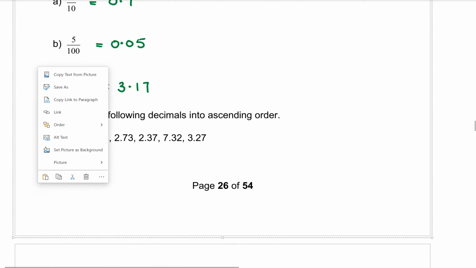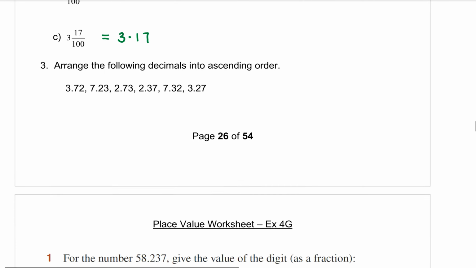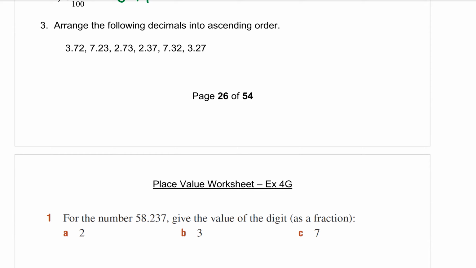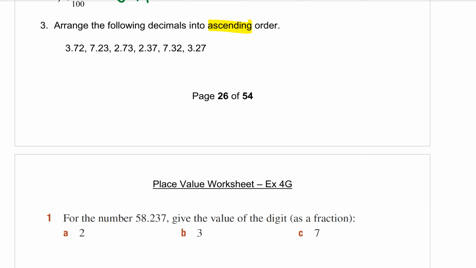Okay, in question 3, we are wanting to arrange the following decimals in ascending order. Remember that ascending means from smallest to largest. To do that, we need to look at the place value of our numbers. Now, all of our numbers have the first digit in the ones or the units position. The smallest units position we can see there is the numbers that start with the 2.